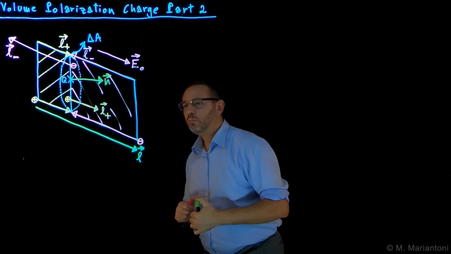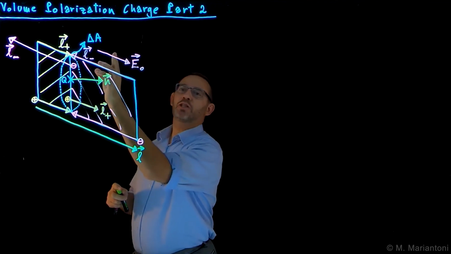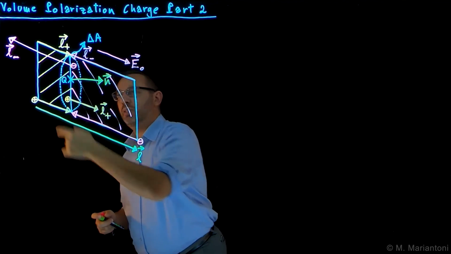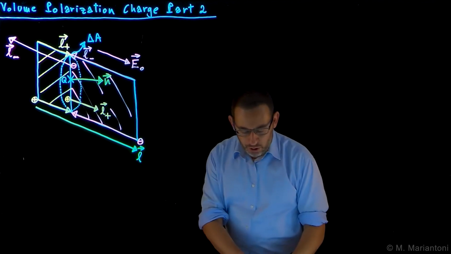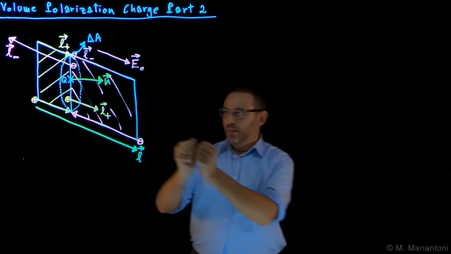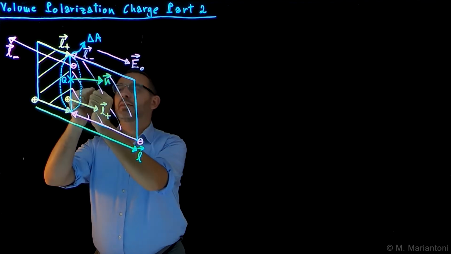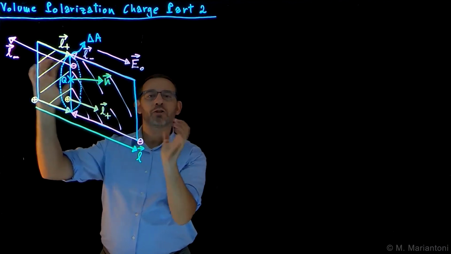Great. This all makes sense because the positive charges follow the field lines, the negative charge is opposite to the field lines. So now all these molecules get stretched, and so they cross, like this one crosses, like that, all these charges cross this area.